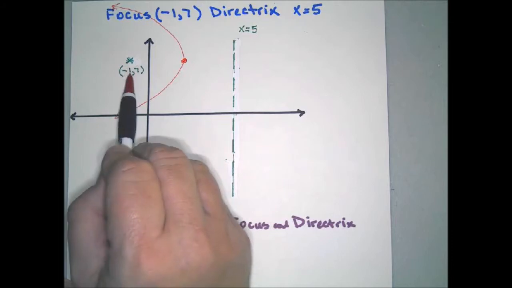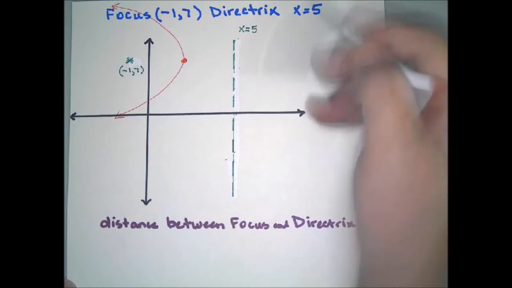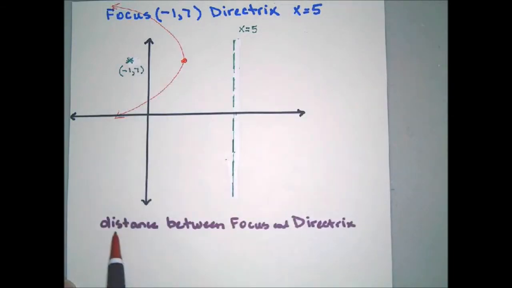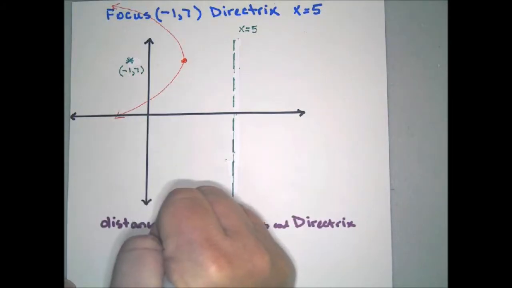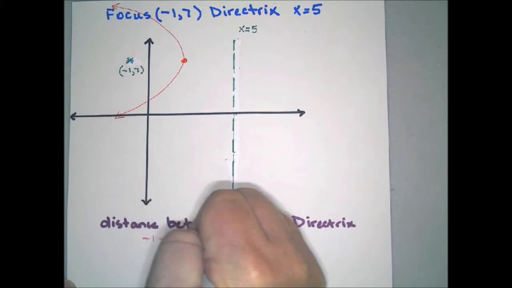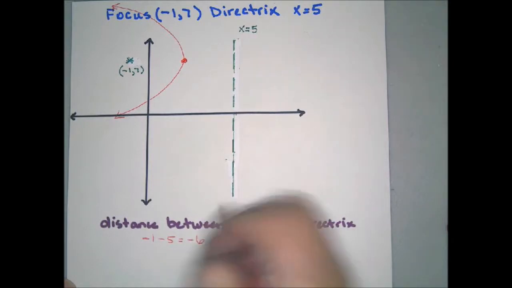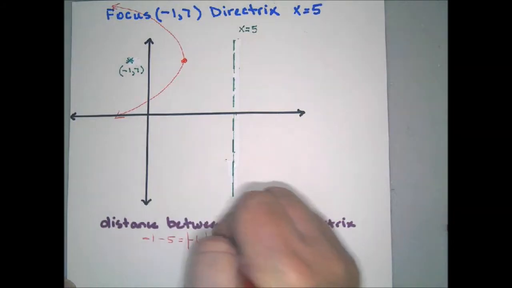So if this x coordinate is at -1 and the directrix is at x equals 5, really what you're discovering is what is the distance between the focus and the directrix. So you could either do -1 minus 5, which is -6, but distance is always positive, so then take the absolute value of that, and you would simply get 6.